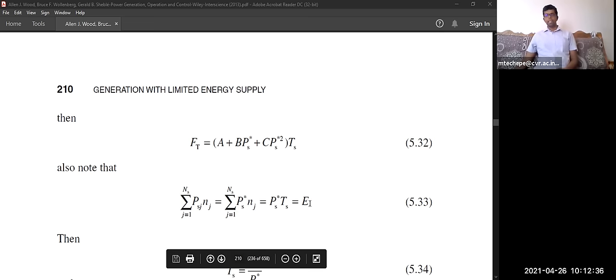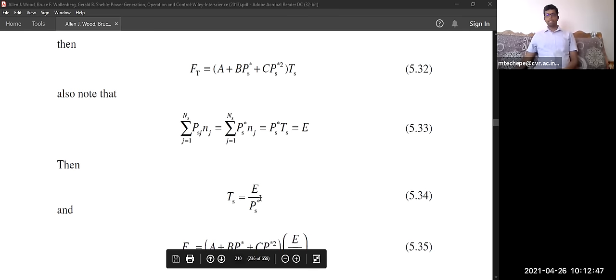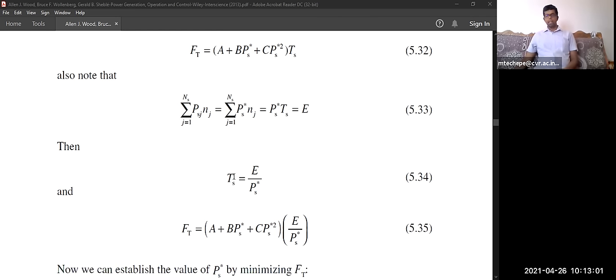That is the total energy generated from the steam power plant, capital E. So TS is equal to E divided by PS star. The time interval for the steam power plant is the energy generated divided by the optimum power generated from the steam power plant, that is TS equals E divided by PS star.